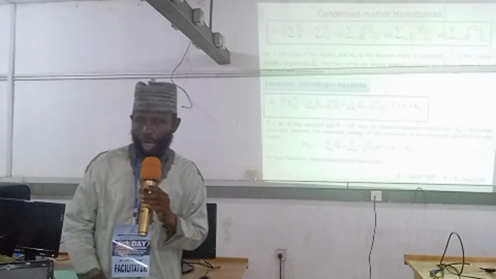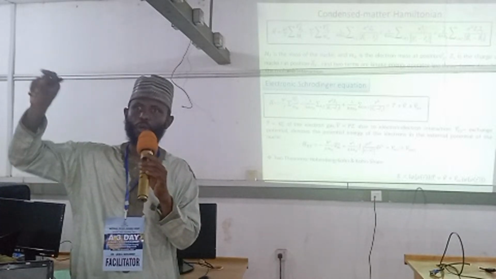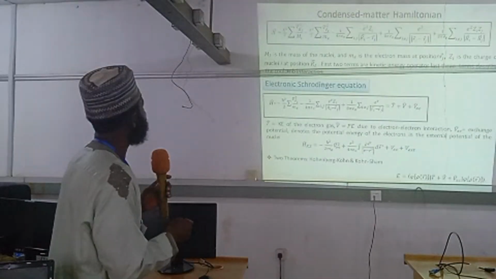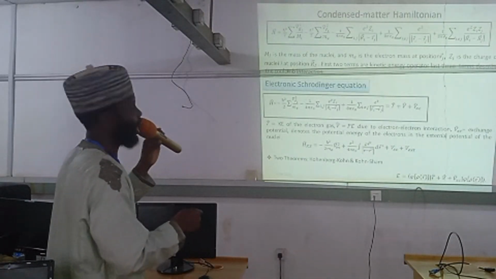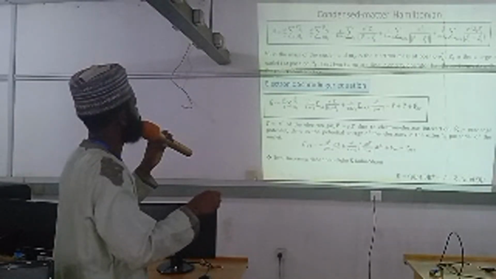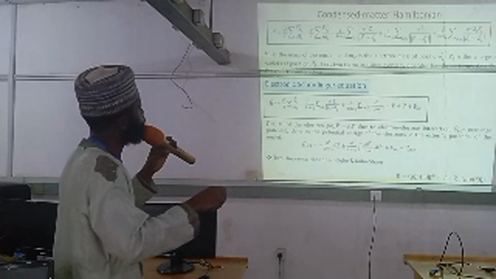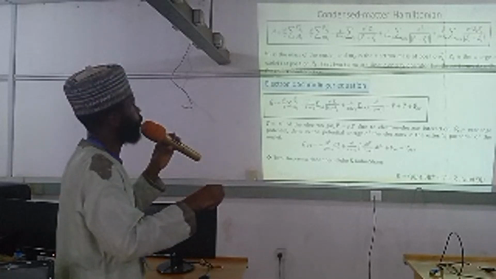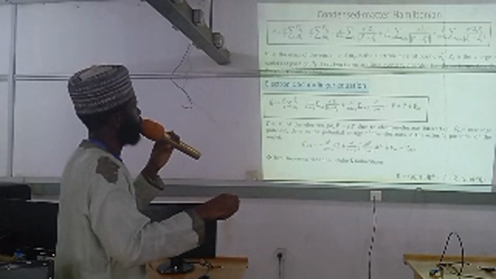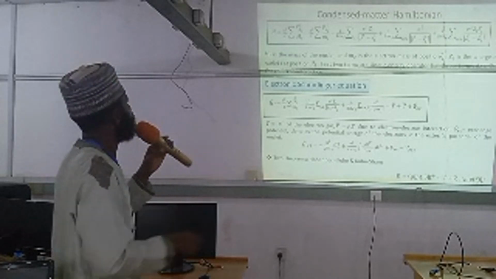So we know the electron, we can easily solve the equation. Okay, now this is the condensed matter Hamiltonian I talked about in my summary slides. This is the kinetic energy operator of the nuclei and of the electron, and this one is the Coulomb interaction of the nuclei and the electron, the Coulomb interaction between electron and other electrons, and the Coulomb interaction between nuclei and other nuclei.